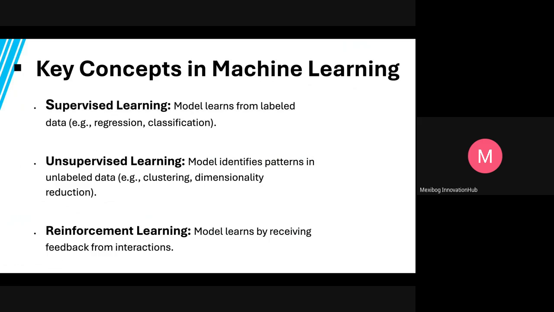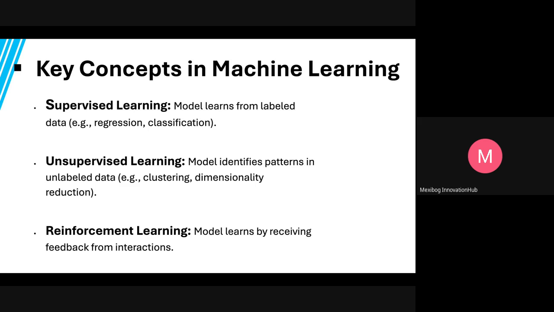For each record of different transactions of different people, they can put legit or fraudulent. When you have a column like that, that specifies legit or fraudulent, that is labeled data. But when you don't have a column that specifies that, that is unlabeled data.